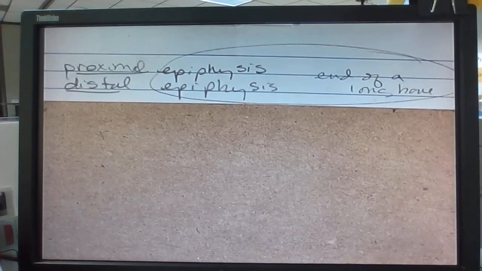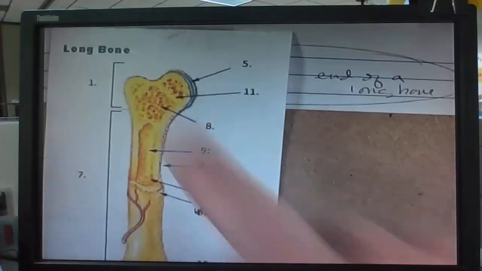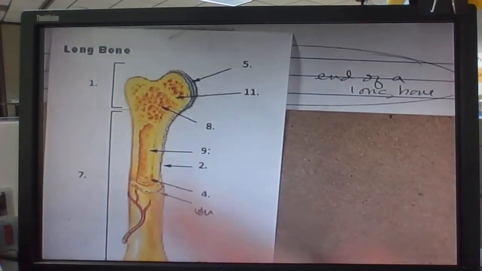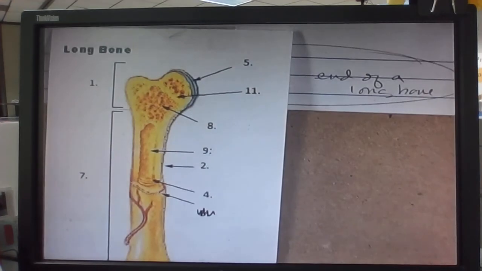Okay, so when we look at proximal and distal, we're looking at points of attachment. So the proximal is the part that's closer to the point of attachment. Distal is the part that's further from the point of attachment. So when we look at these two epiphyses, proximal is closer to the point of attachment to the body, distal is further away from the point of attachment to the body.